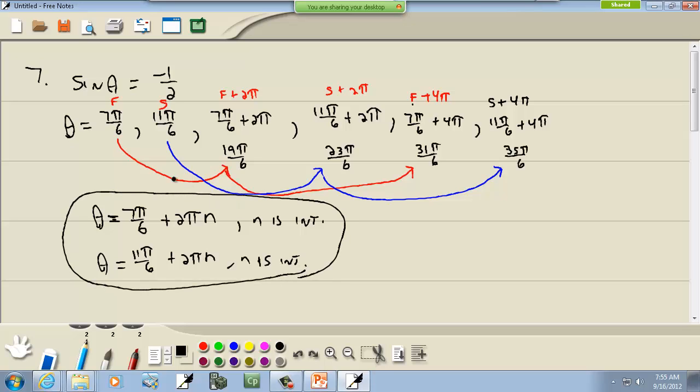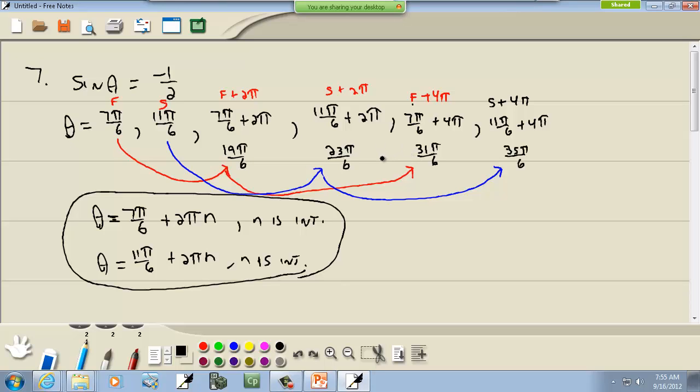Now sometimes you can see a pattern going from the first one to the second one to the third answer, the fourth answer, the fifth answer, the sixth answer. But if I go from 7 pi over 6 to 11, I'm adding 4. If I go from 11 pi over 6 to 19, I'm adding 8. And then I go from 19 pi over 6 to 23 pi over 6, I'm adding 4 pi over 6.